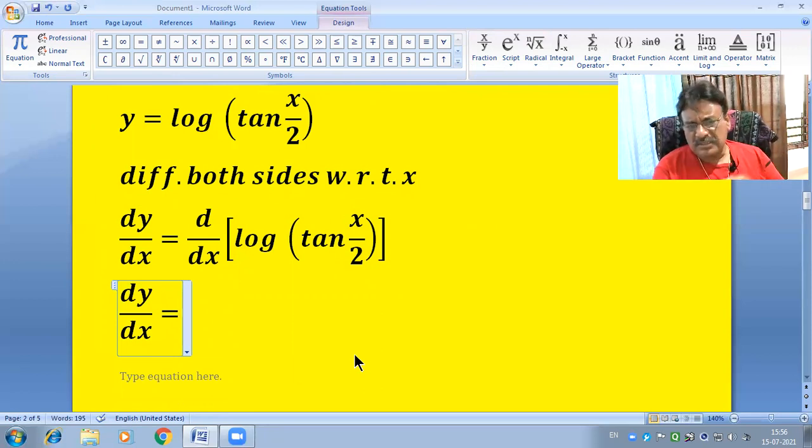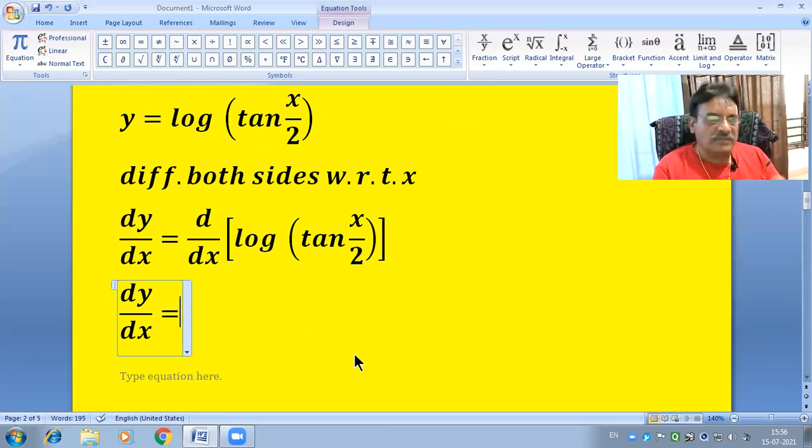So again, we use here the simple derivative formula. We know that d/dx of log f(x) is 1 by f(x) into f dash of x. And f(x) here is 10x by 2. We replace f(x) in this formula by tan x by 2, because f(x) is a general function. So f(x) is equal to tan x by 2. And we use the formula d/dx of log f(x) is 1 by f(x) into f dash of x.